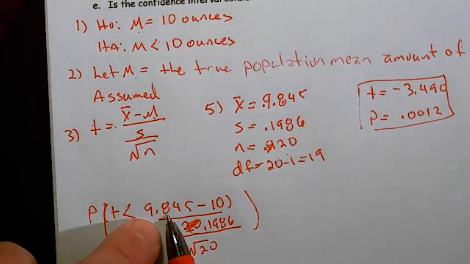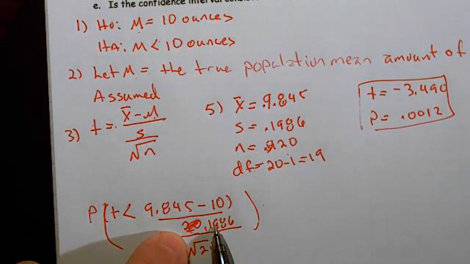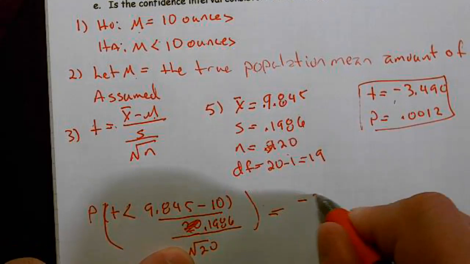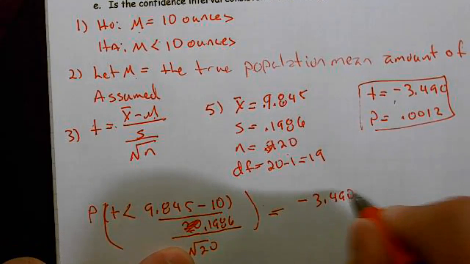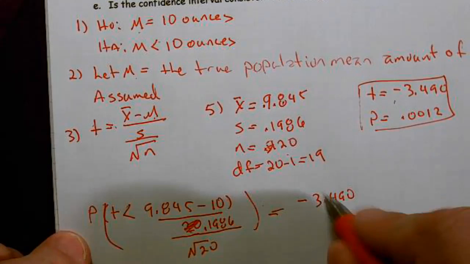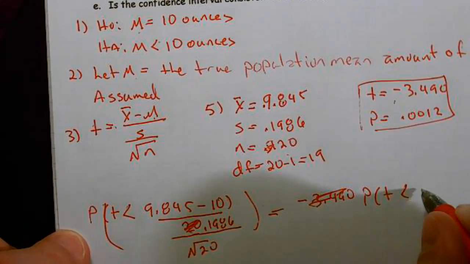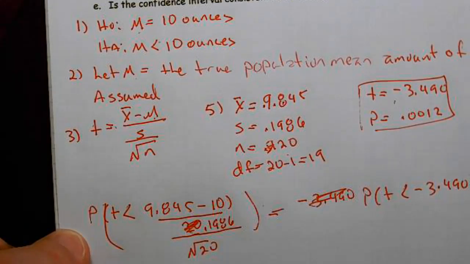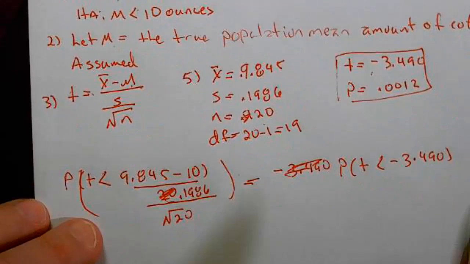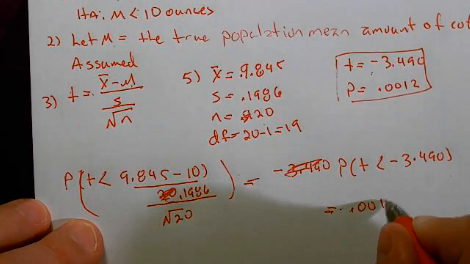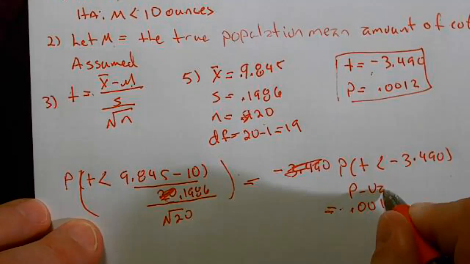Probability t is 9.845 minus 10 over 0.1986 over the square root of 20 equals, I told you we would need this, negative 3.490, equals the probability that t is less than negative 3.490. So there's my t statistic, equals 0.0012, and there's my p-value.